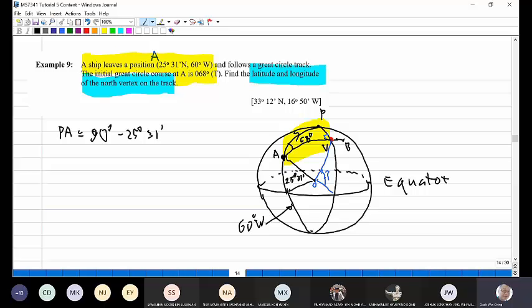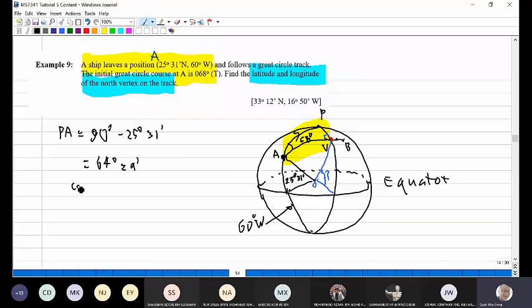This will give you the distance between P and A, right? So this is called the co-latitude of A. So you subtract them, you get 64 degrees, 29 minutes.